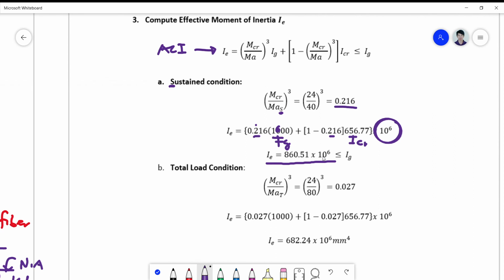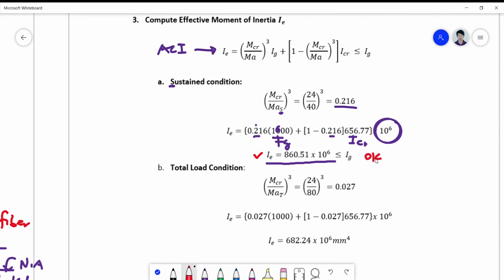So 0.216 times 1600 plus 0.784 times 656.77. So 860.51. So I think this is correct, no? It is just a typo error. So this is less than IG, therefore, okay.